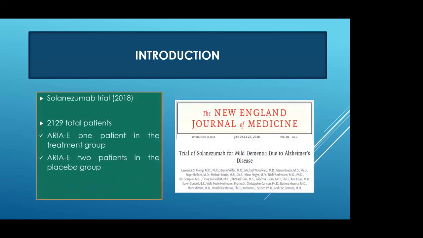Another one was a trial conducted in 2018, or at least published in 2018, with solanezumab, which was a double-blind, placebo-controlled phase 3 trial involving patients with mild dementia due to Alzheimer's disease.